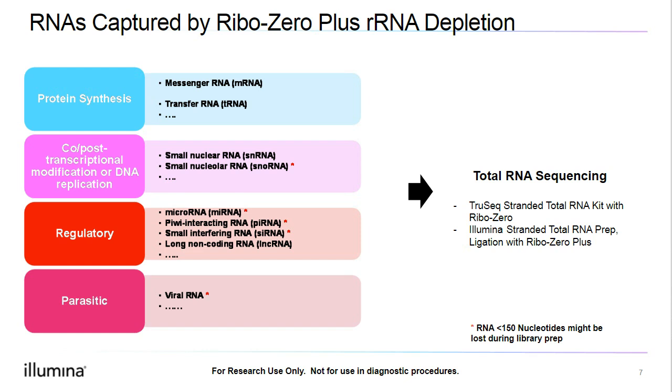Keep in mind that due to the workflow and our bead cleanup steps, RNA species that are less than 150 nucleotides might be lost during the library prep. So ultimately, with this method, we will be capturing total RNA longer than 150 nucleotides and exclude rRNA.